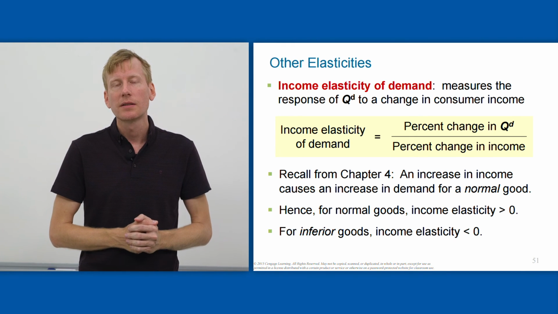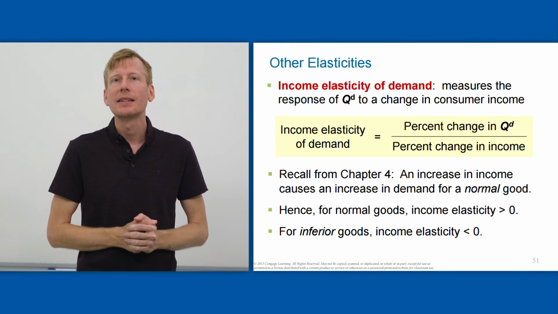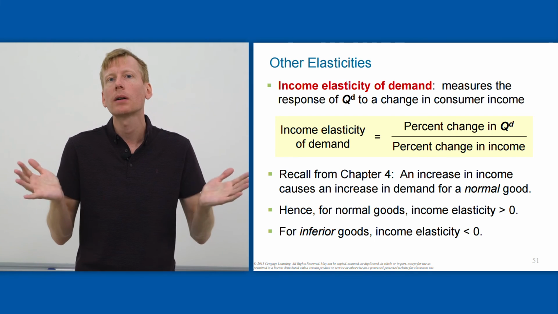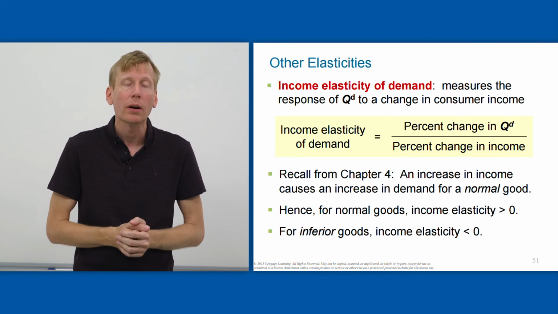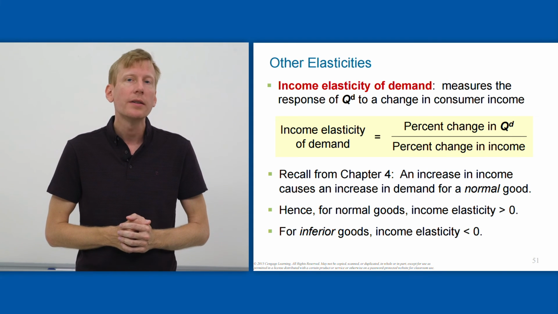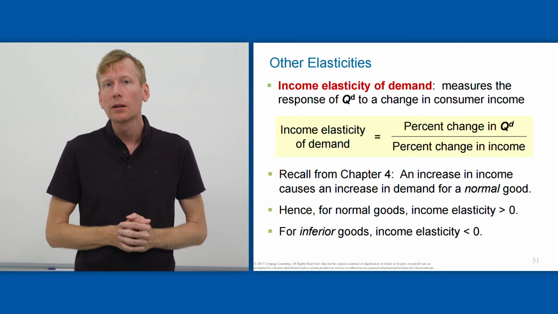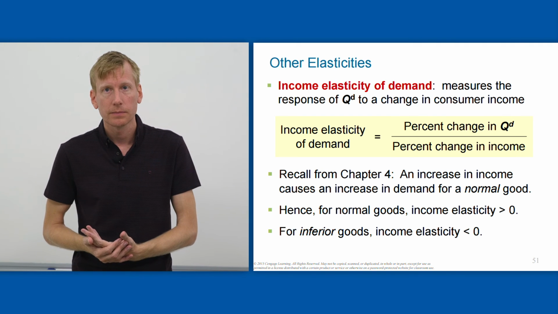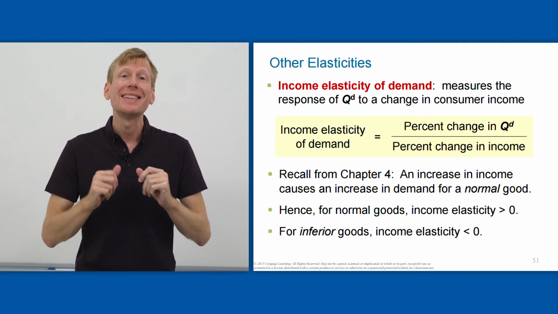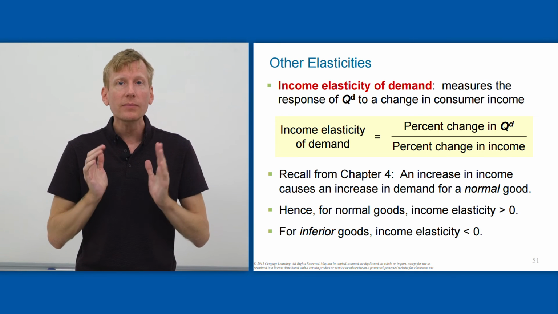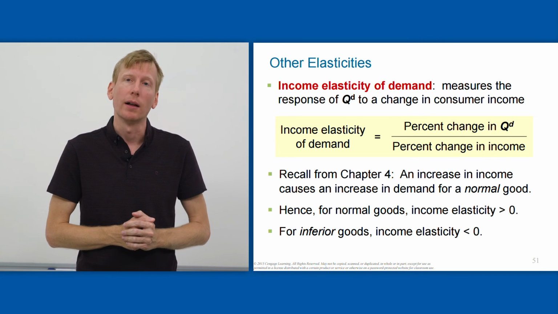Now, some goods might have an income elasticity of 1. We would say this is an average or a typical income elasticity for a normal good. Normal goods would be a category of good where as we see the income increase, we would see the quantity demanded for that good increase as well.